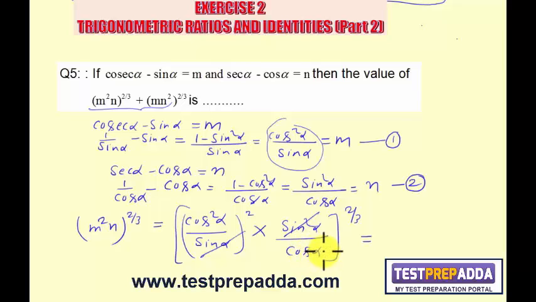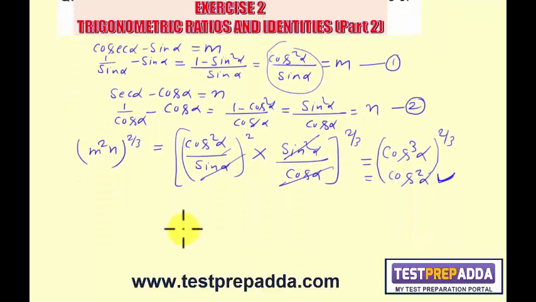So if I cut this, it will become cos to the power 3 alpha, and this is power 2 by 3, so at the end it will be cos square alpha. Got it? So m square n whole power 2 by 3 comes as cos square alpha.